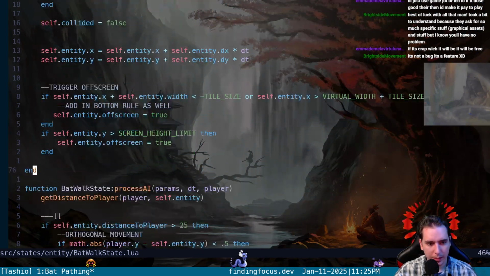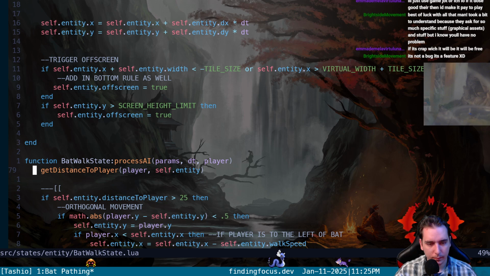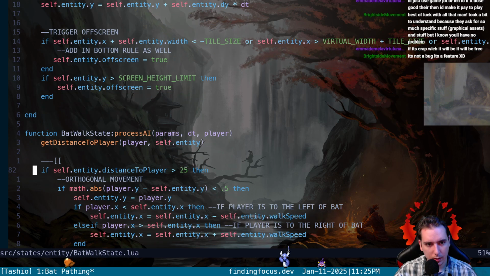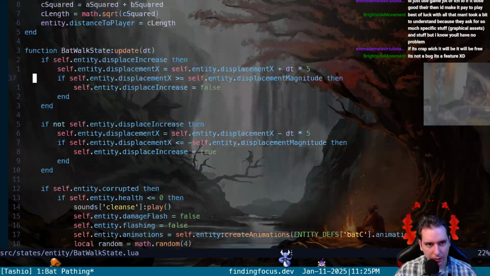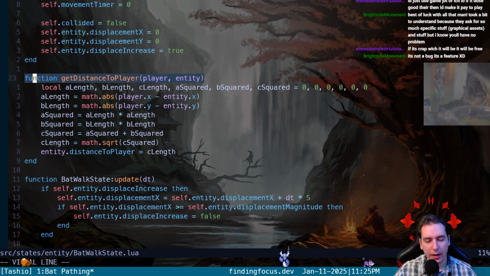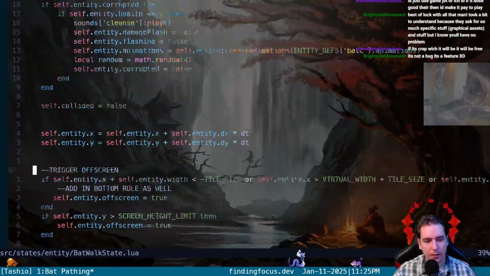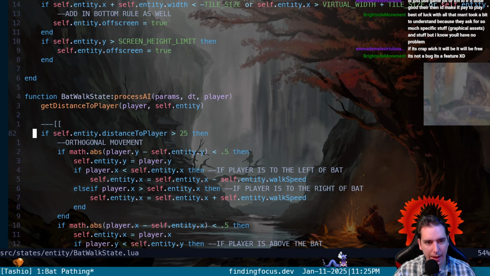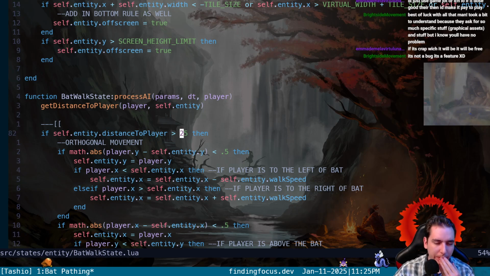Okay, so why don't we... Yeah, I guess it makes sense, because we calculate the distance first, and then we only update its position if... Now, I think we need to add the displacement value here somewhere.